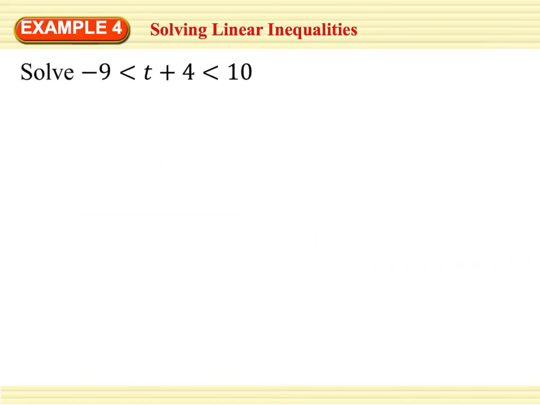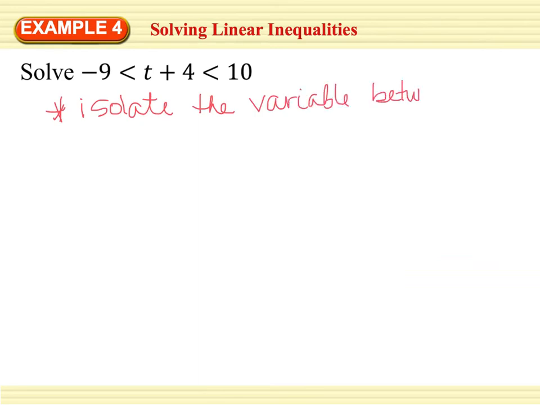So let's look at example 4. Example 4 says to solve the compound inequality -9 is less than t plus 4, which is less than 10. When doing compound inequalities, our goal is going to be to isolate the variable between the two numbers.